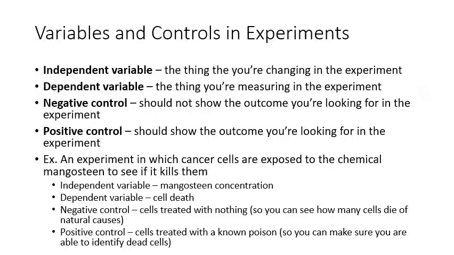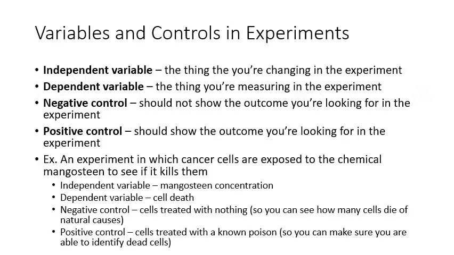And then you need to see that your negative control is coming out with cells that are alive. Basically alive, with a few that are dying of natural causes. So if your control doesn't look the way you expect it to look, that means that something went wrong in your experiment. It's not designed correctly, or maybe it is designed correctly, but you didn't execute it correctly. Something's going wrong, so you have to fix it and redo it.